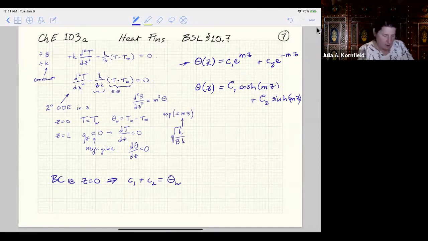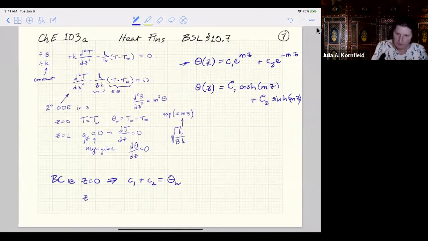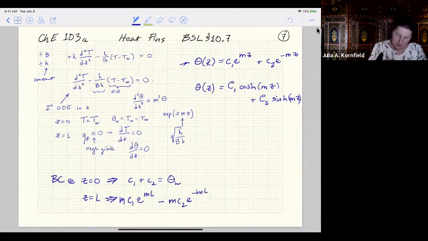And then, boundary condition at z equals L gives, so here we're taking the derivative of theta, brings down a power of m and a power of minus m. So we have C1 factor m e to the ml minus m C2 e to the minus ml equals 0.